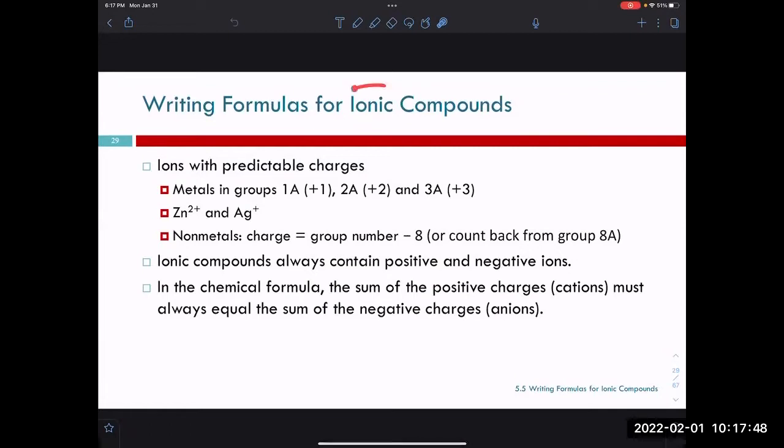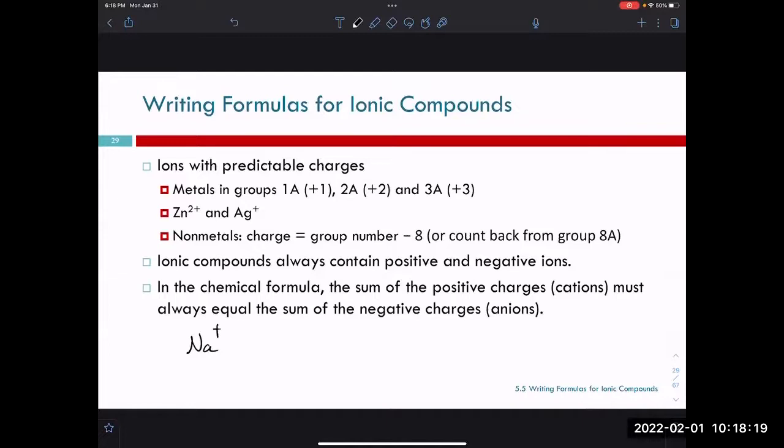In an ionic compound, we always have a cation, a positive charge, and an anion, a negative charge. In the proper formula for any ionic compound, those charges will add up to 0. So something like sodium: sodium is in group 1A, so the ion of sodium forms a 1+ charge.